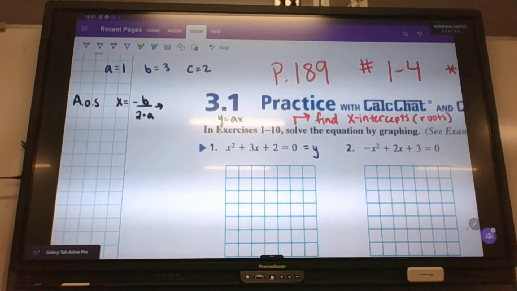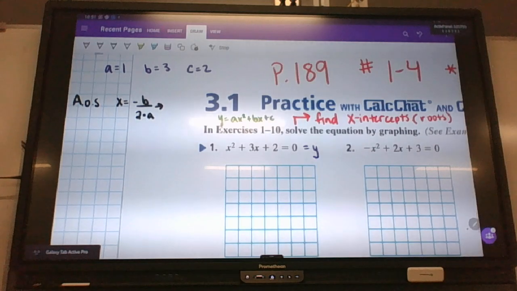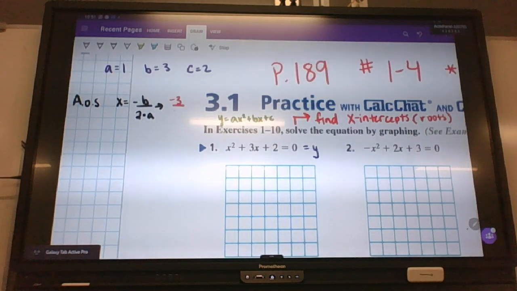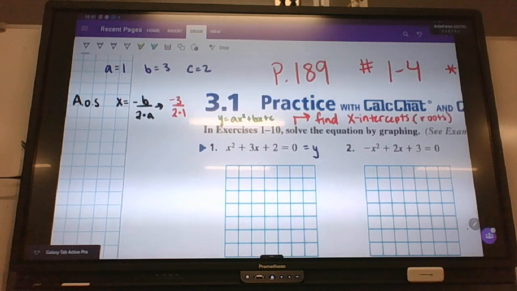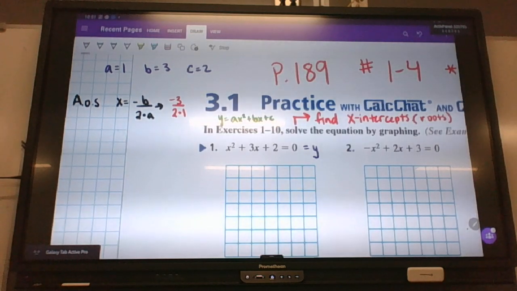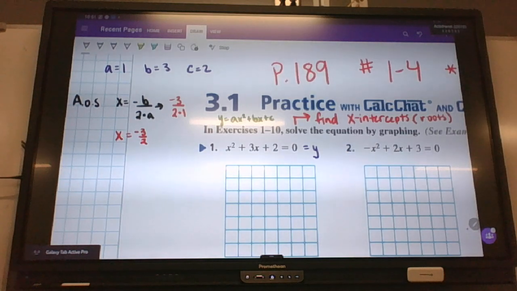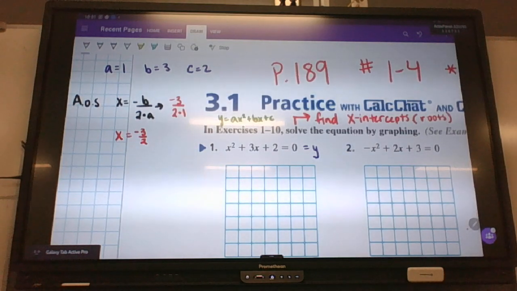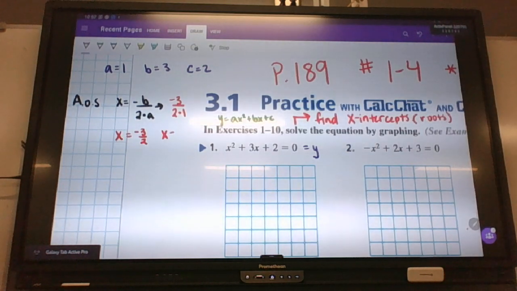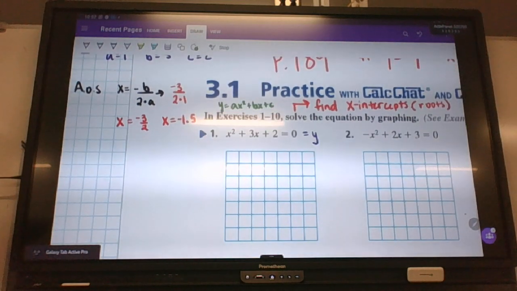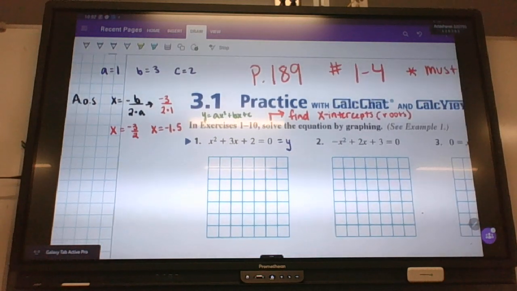AX squared plus BX plus C. Alright, -3 over 2 times 1, which means our axis of symmetry is -3 over 2. Let's go ahead and put that in decimal form. -1.5.